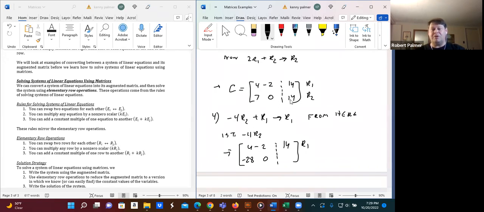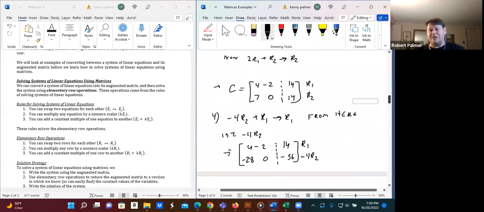And then -4 times 14 is, what's that going to be? Negative 72, I believe. Wait, no, is that right? I have to think for a second. No, -56. I'm sorry. -4 times 14 is -56. Okay. Now this is -4 row 2.